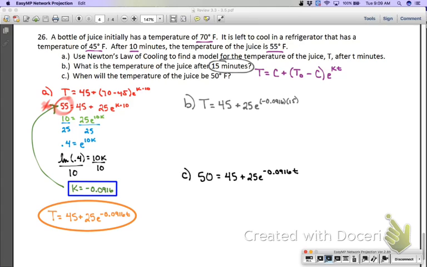The same way I solved for K in A, I'm going to do the same thing in C, but I'm going to solve for the lowercase t. I'm going to figure out how many minutes it's going to take. Does that make sense?